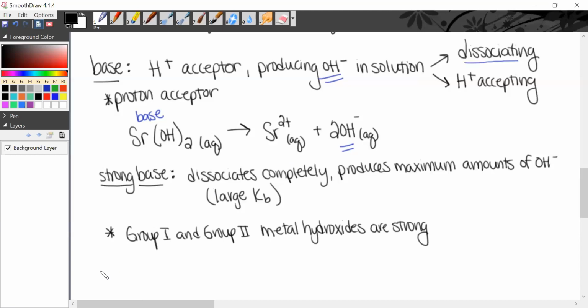So let's define that. A weak base dissociates partially.